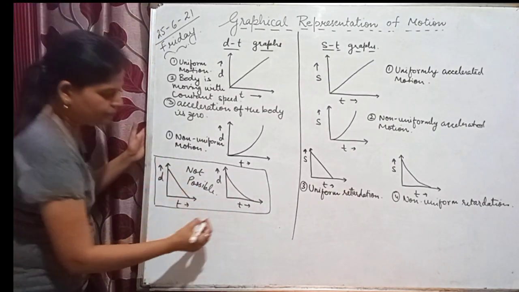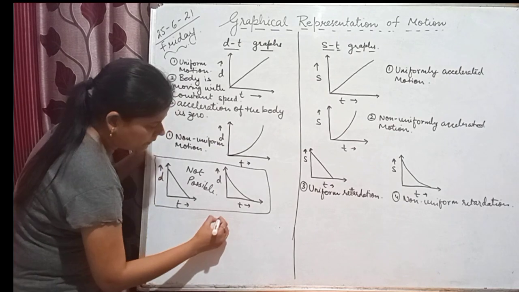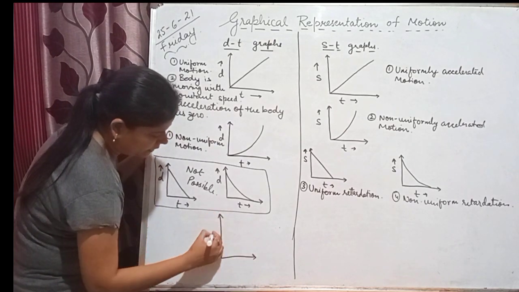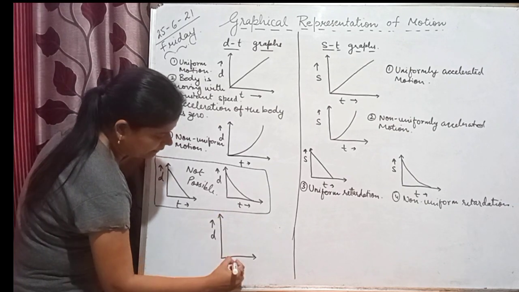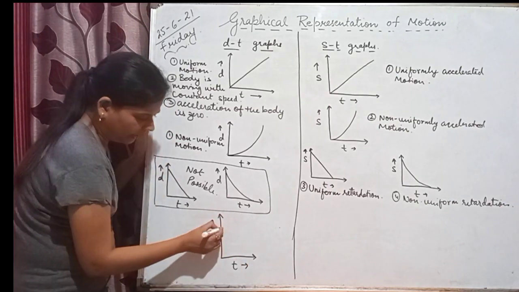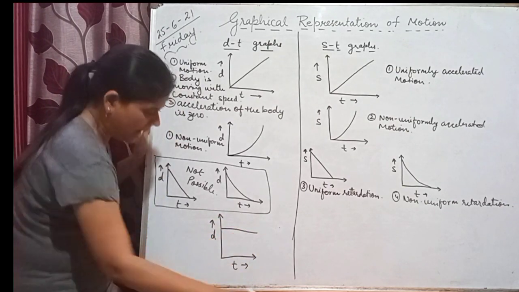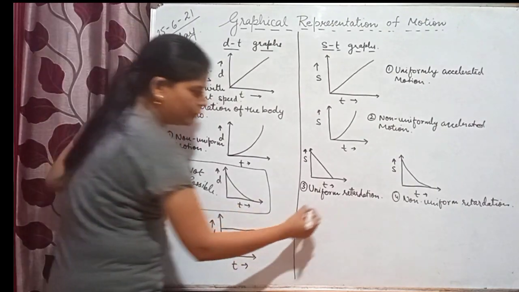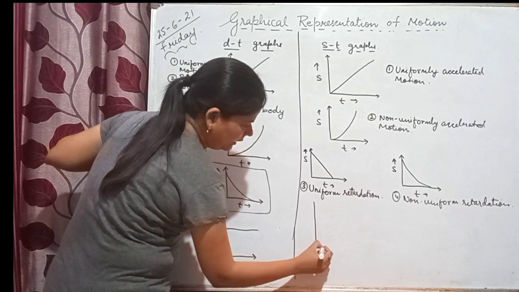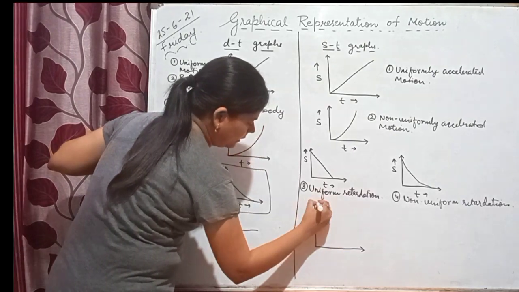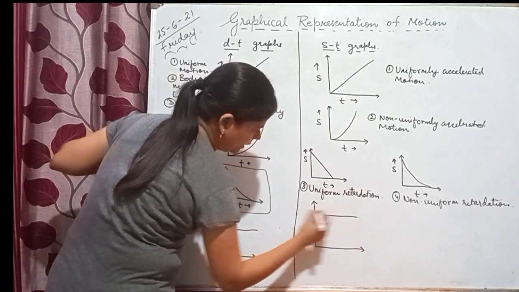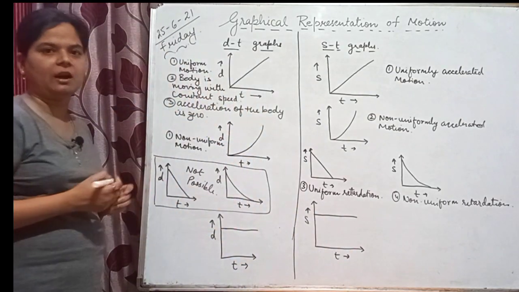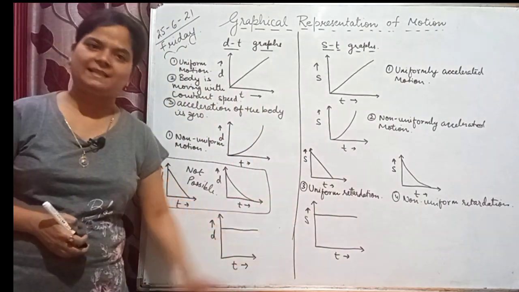Now suppose we have a graph like this for distance time graph, in which we get a line parallel to the x-axis, and for speed time graph also, if we have a graph parallel to the x-axis.